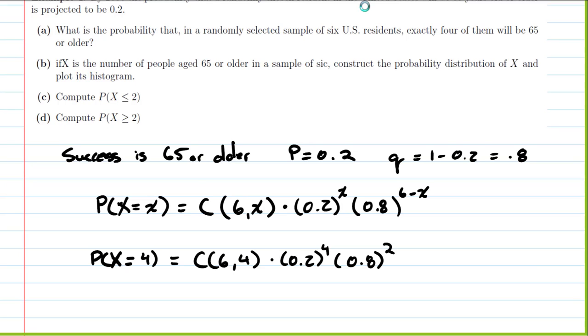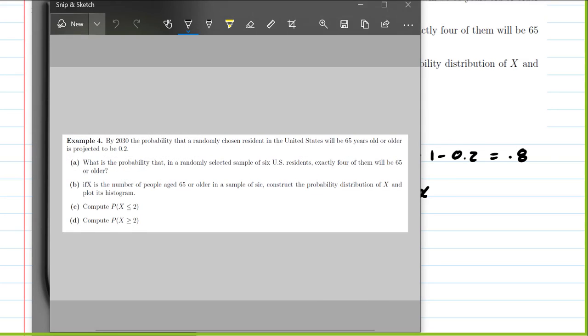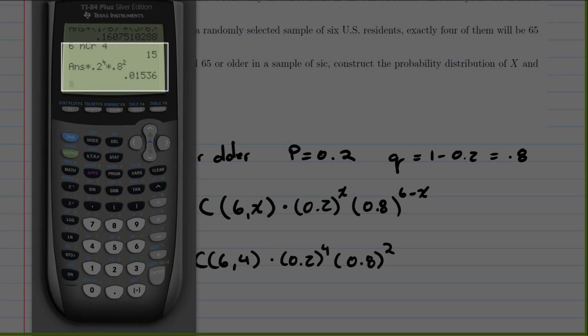So let's go ahead and calculate this on our calculator. We go 6, and we're going to choose 4, and then times 0.2 to the 4th times 0.8 squared gives us the following number.